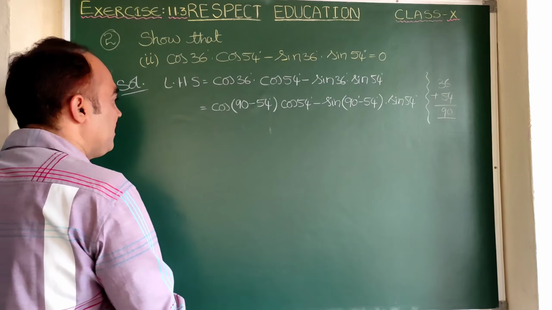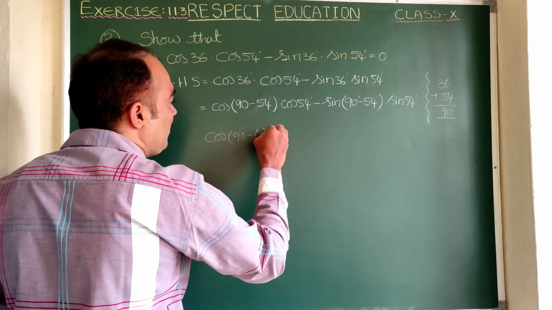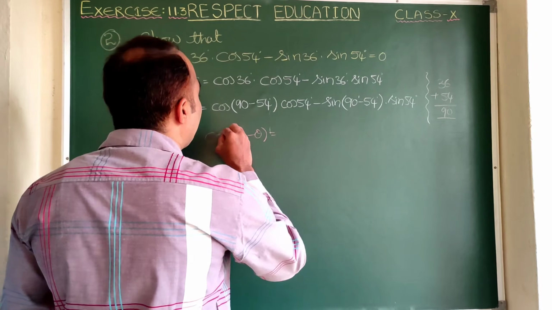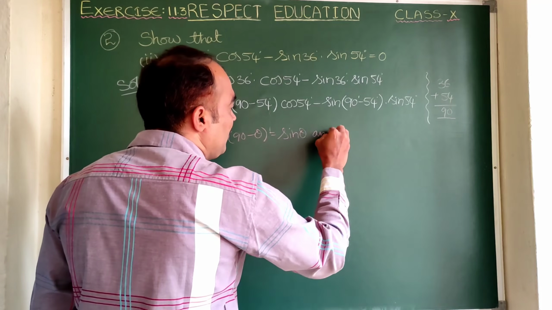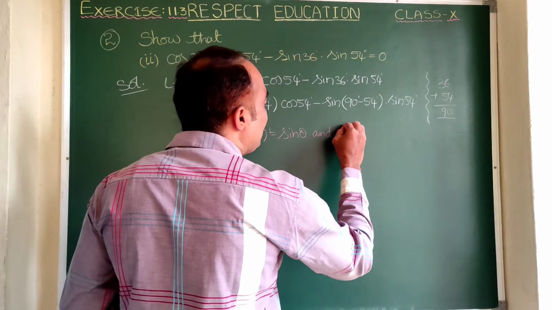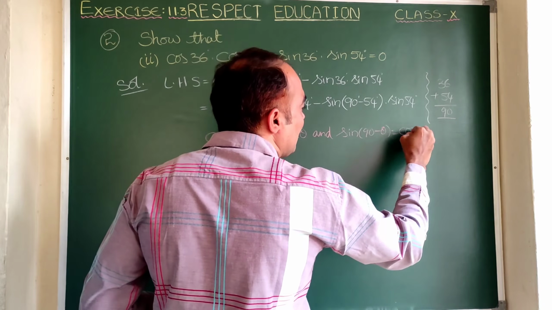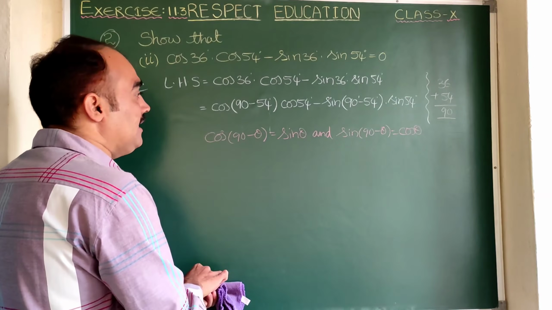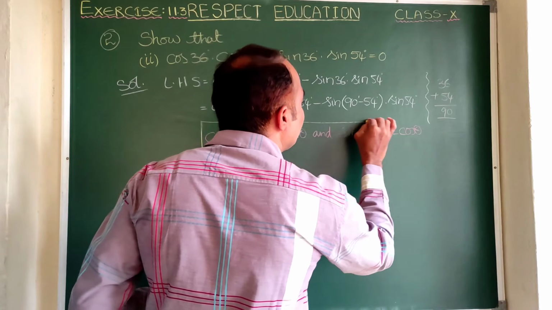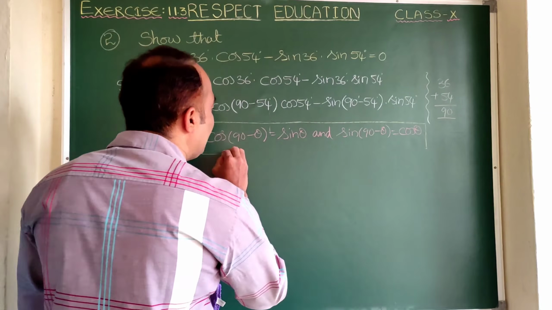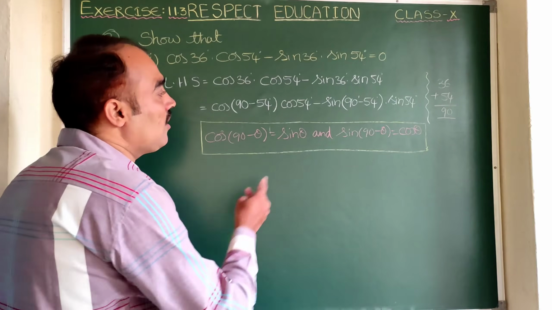Now the formula: cos of 90 minus theta is sin theta, and sin of 90 minus theta is cos theta. You remember that sin theta and cos theta are complementary. So cos of 90 minus theta is sin theta and sin of 90 minus theta is cos theta.